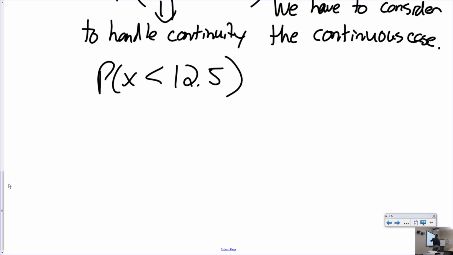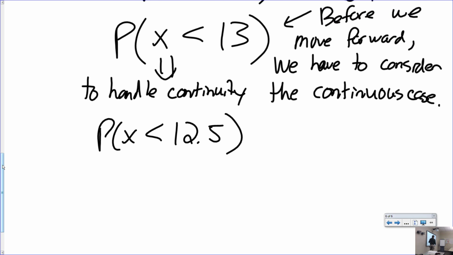Because x, if it can be a number that has a decimal, and it needs to be less than 13, it needs to round to whatever value it's going to round to, and be less than 13, right? If x was 12.6, where does it round to? It rounds to 13. Is it less than 13? No, right? 13 is not less than 13, okay?